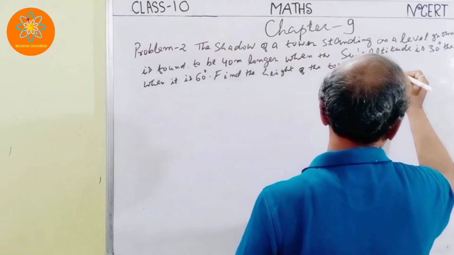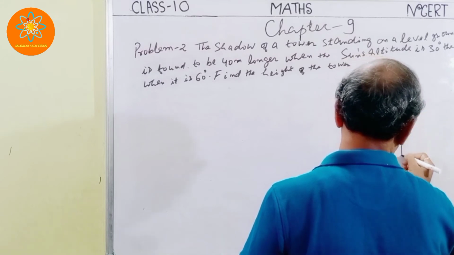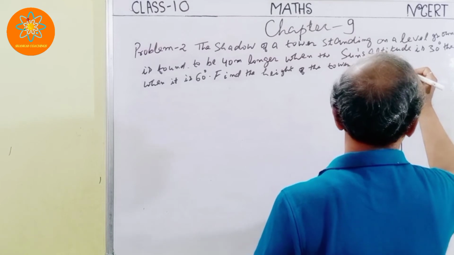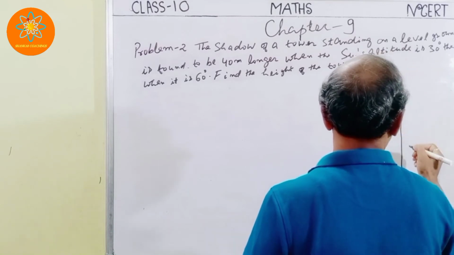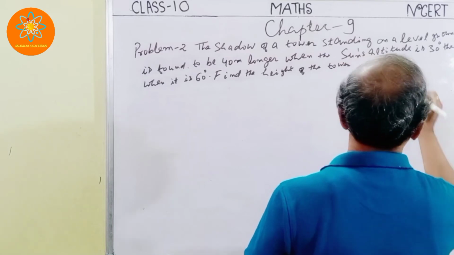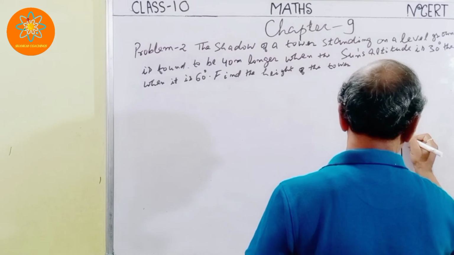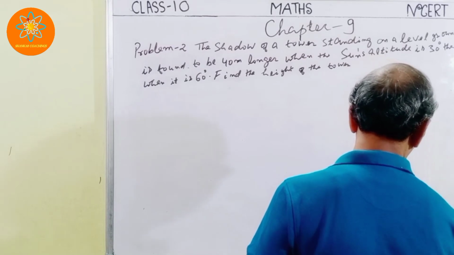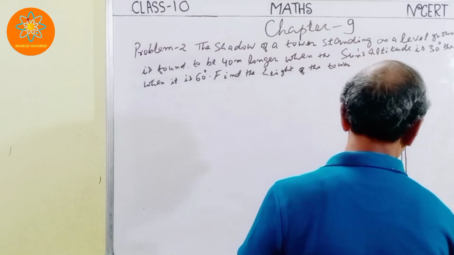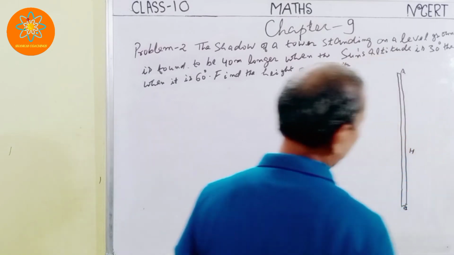This is AB. Suppose this is the tower. Let's suppose height of the tower is h.